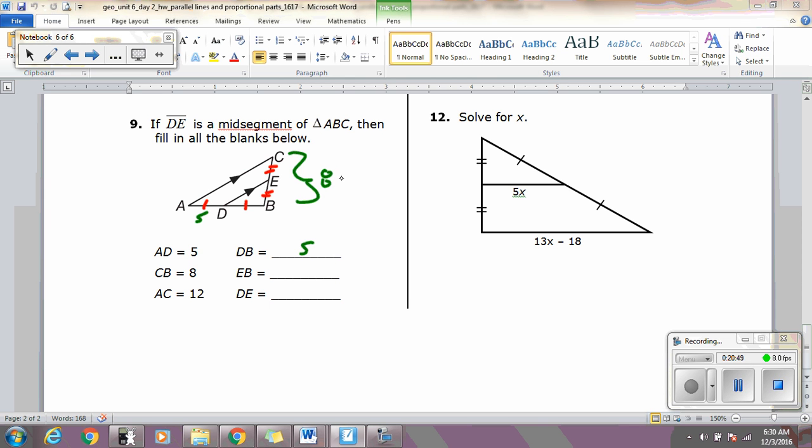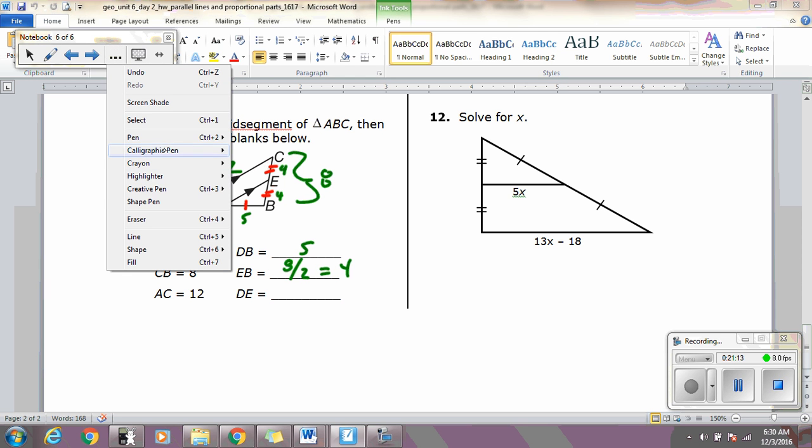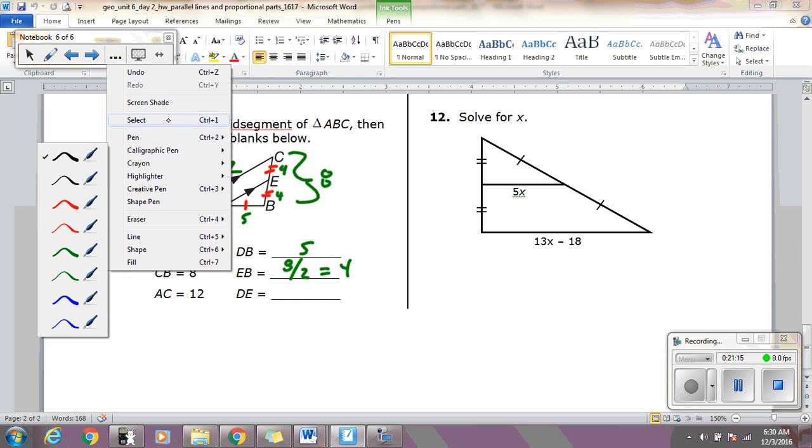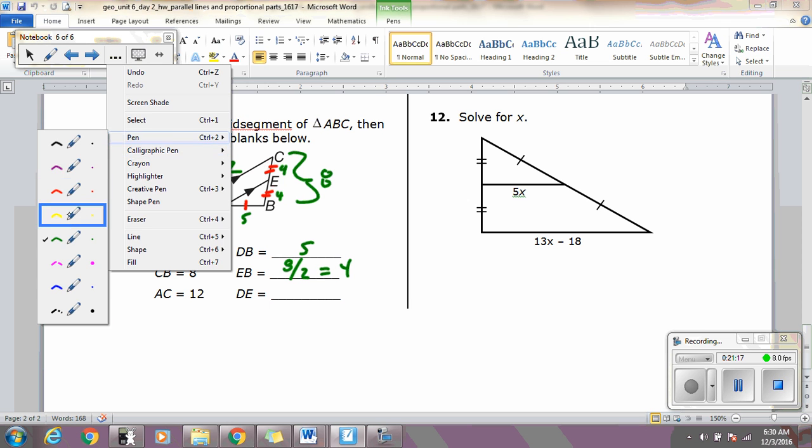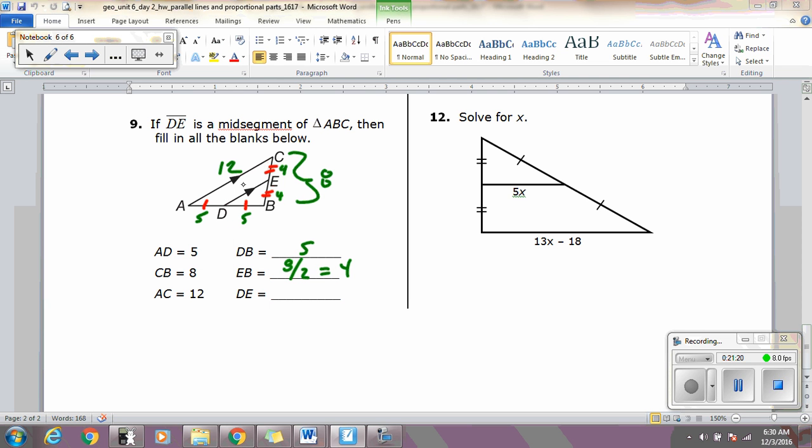So take 8 divided by 2, and you get 4. So let's put every part we have on the picture. And then they also mention AC is 12. And they want us to find DE. So let's call it X.